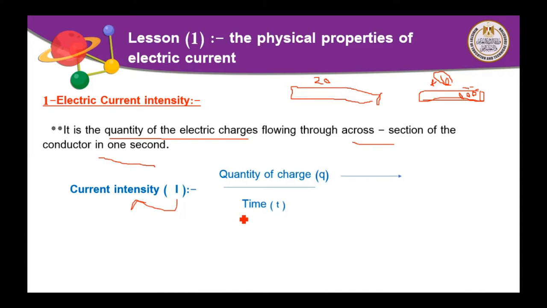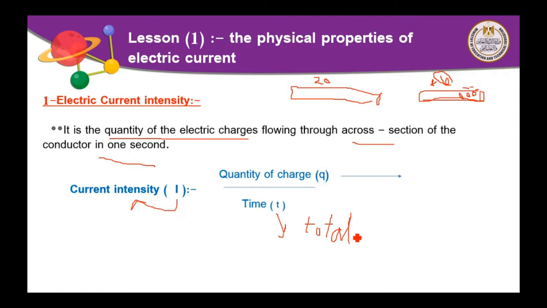T capital or t small, what is the difference between them? Time is represented by t small because t small refers to total time, while T capital refers to periodic time. In this case, we talk about total time, not periodic time.